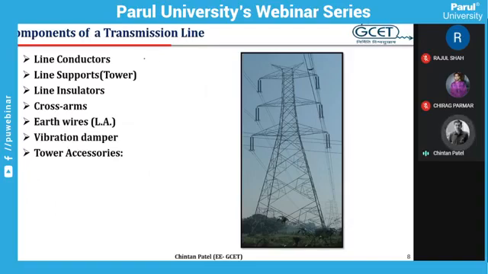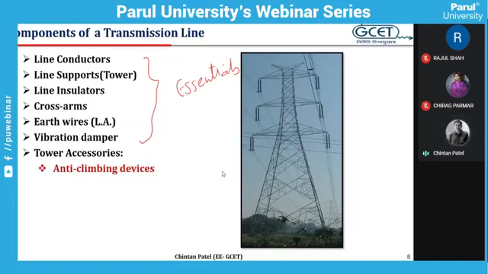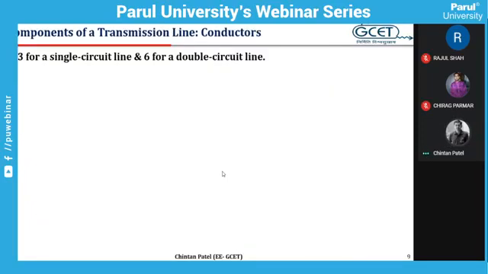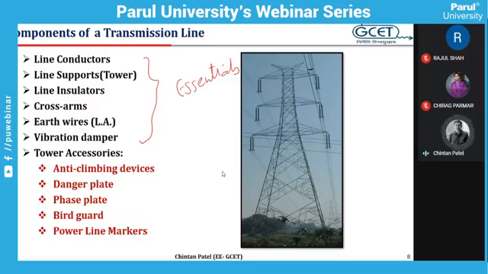These are the essential components, and there are certain tower accessories. The tower accessories are anti-climbing devices, danger plate, face plate for phase identification, bird guard, and power line markers. We will be discussing each of these one by one.